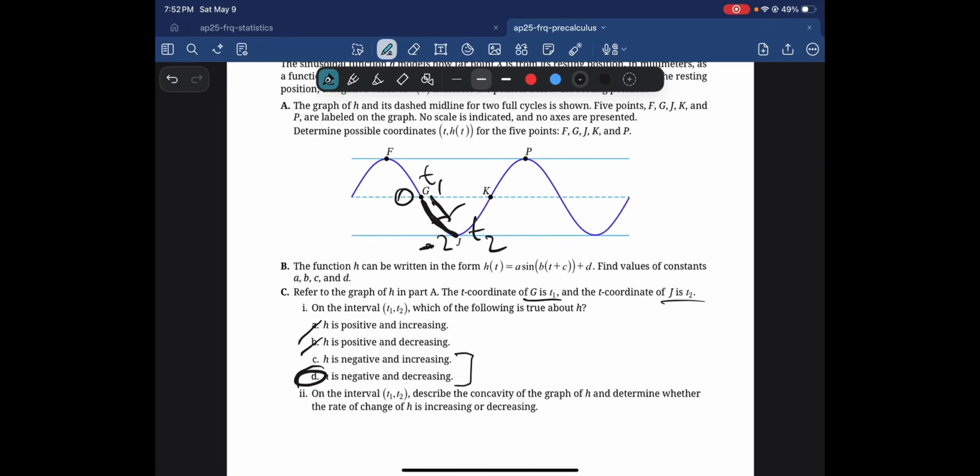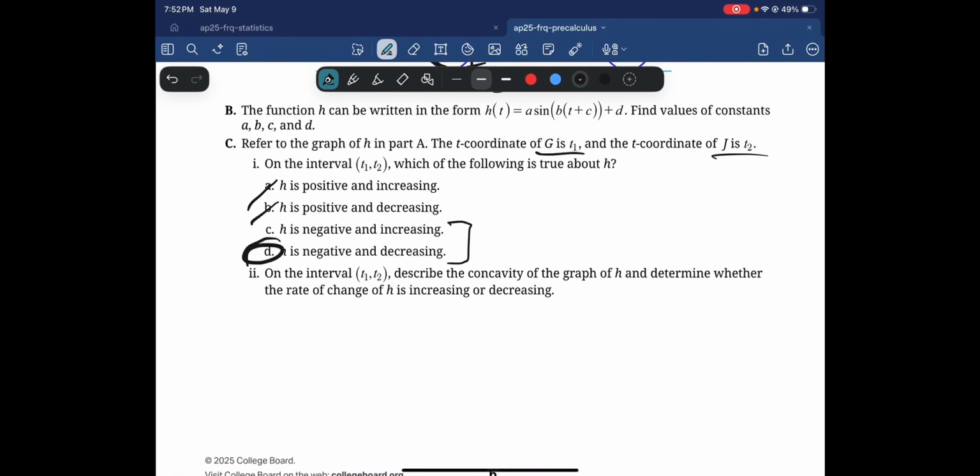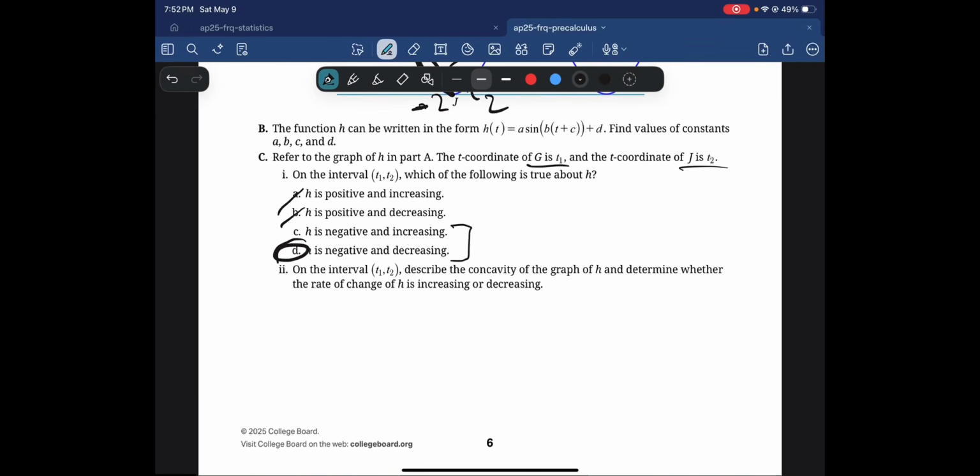Easy, right? Now we're asked to describe the concavity of H and determine whether the rate of change is increasing or decreasing.